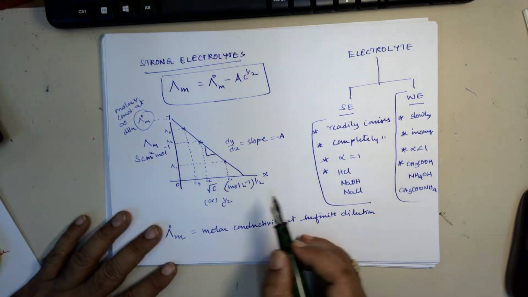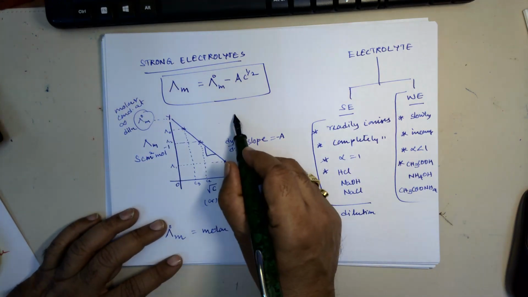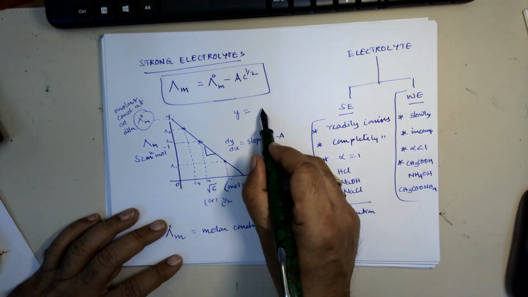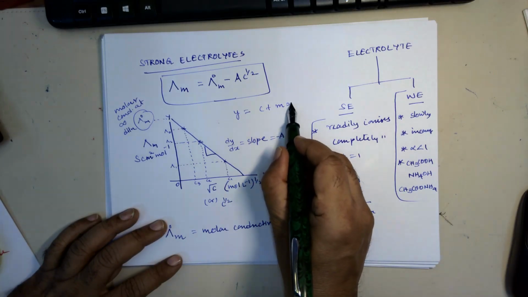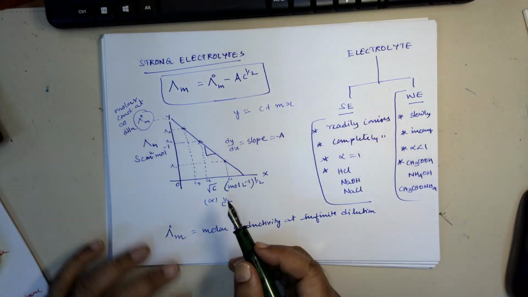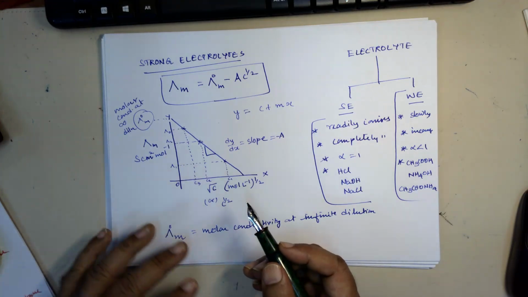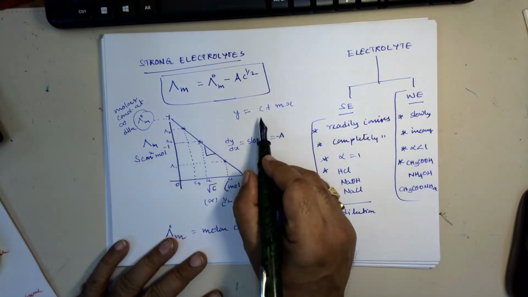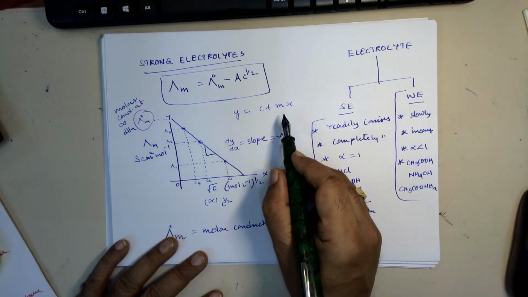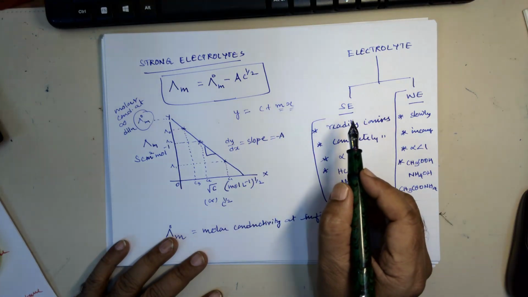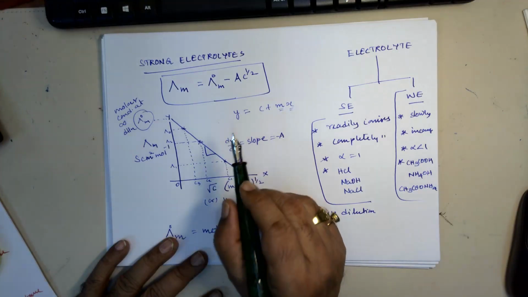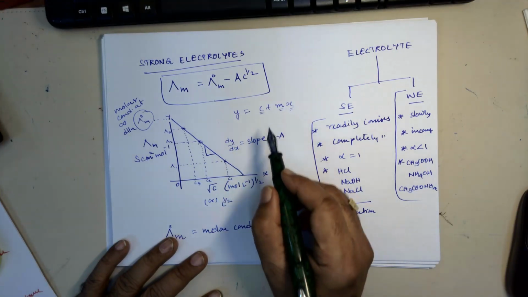And when you look at this equation, it is almost equal to y is equal to mx plus c, is it not? It's a very famous equation. Y is equal to mx plus c, where m is the slope, x is the variable, y is another variable. What about this c?